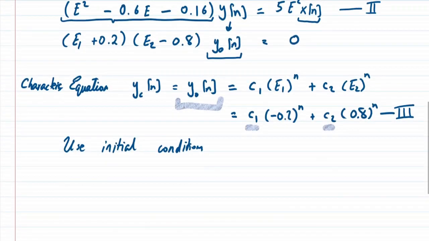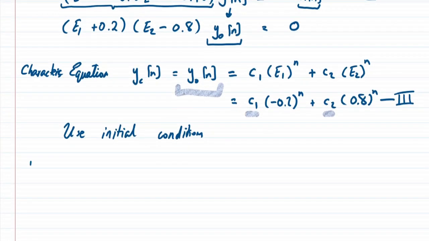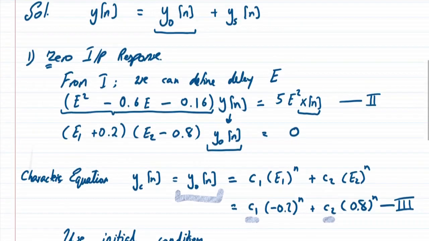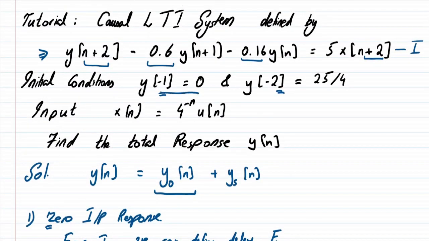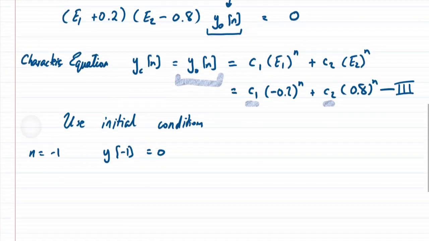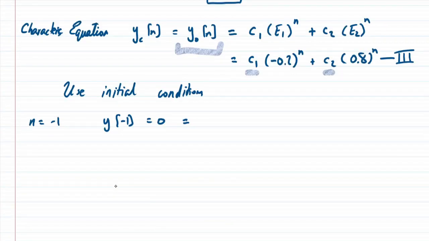When n is minus 1, y of minus 1 is 0, and this is equal to, from this expression, c1 times minus 0.2 to the power minus 1, because we have set n equal to minus 1, plus c2 times 0.8 to the power minus 1.